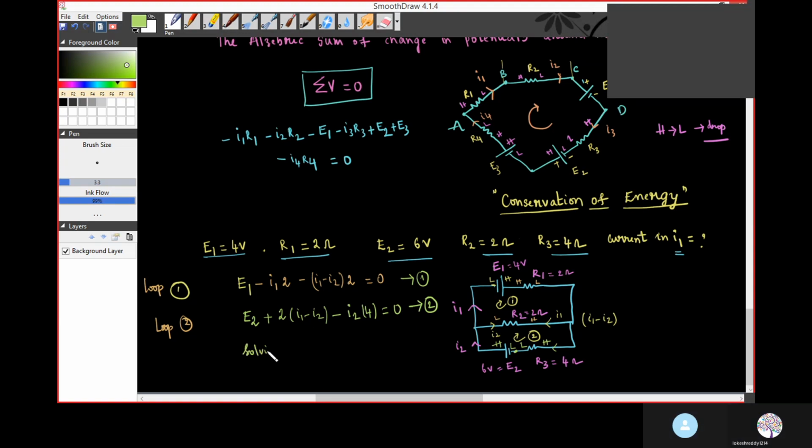Due to the space constraint, I'm not solving exactly here. If you solve, then we get I1 equal to 1.8 ampere, and I2 will be equal to 1.6 ampere.